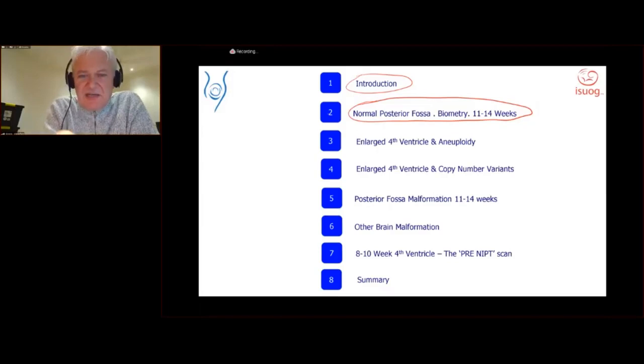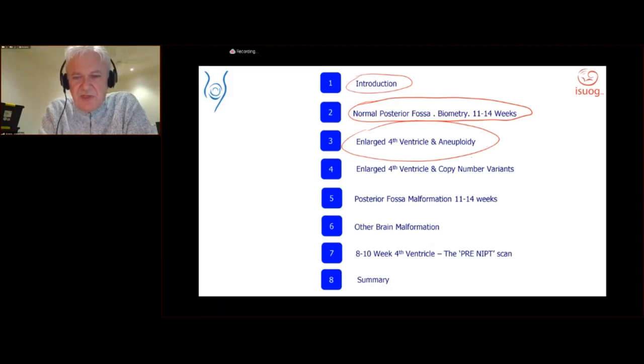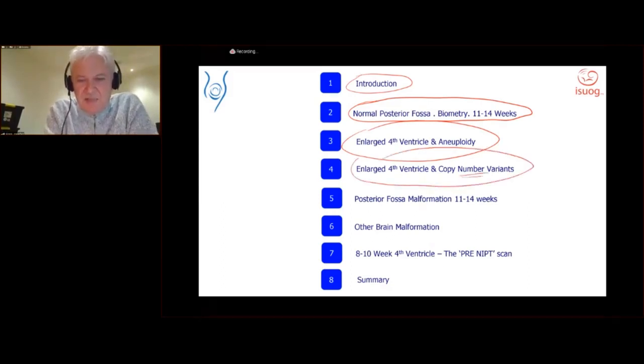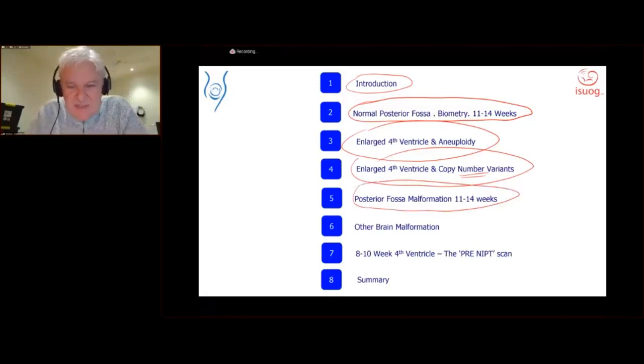I'll then talk about an enlarged fourth ventricle and its association with aneuploidy, as Gianluigi just made reference to, and the enlarged fourth ventricle. More recently, we're identifying copy number variants and what the posterior fossa's role is in identifying these. I then will touch on posterior brain malformation, and I'll be discussing as much the limitations as the benefits of screening and diagnosis with regard to this area.